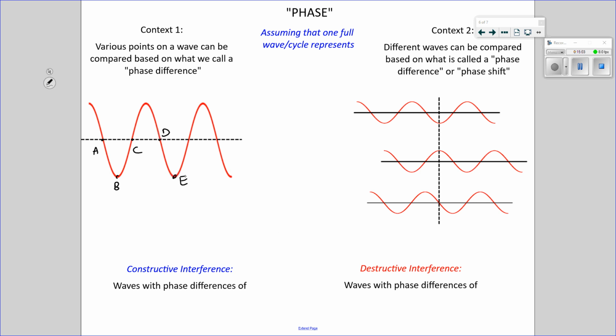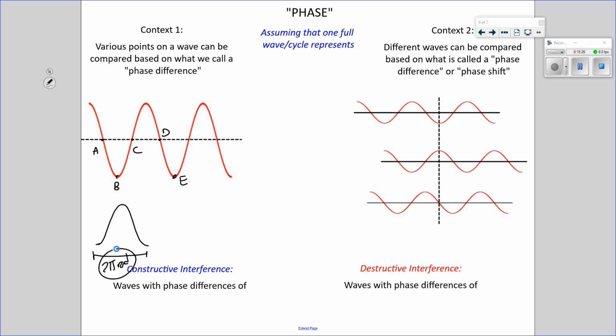All right, and what that refers to is this idea. One idea is that a full oscillation is representative of 2 pi radians, like going around a circle once. So what we might talk about sometimes is, what's the phase difference between different locations?